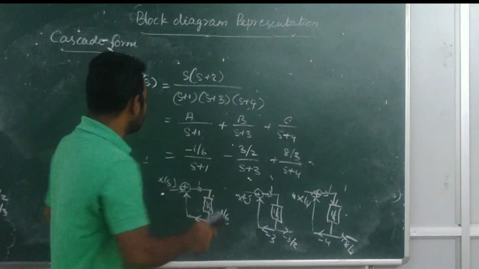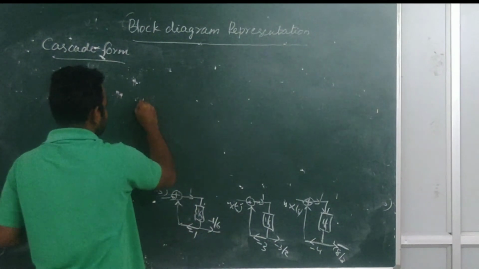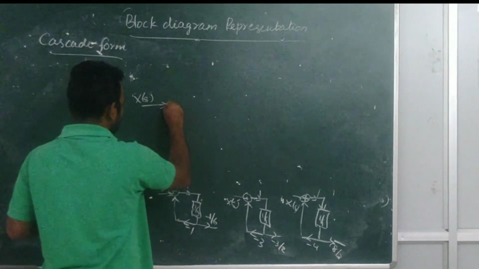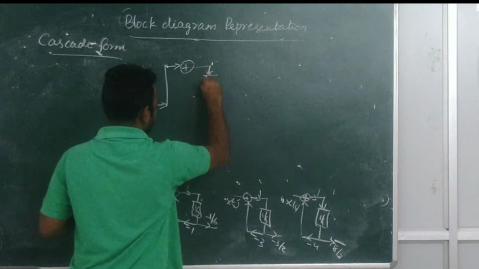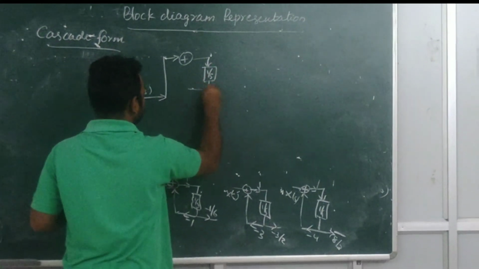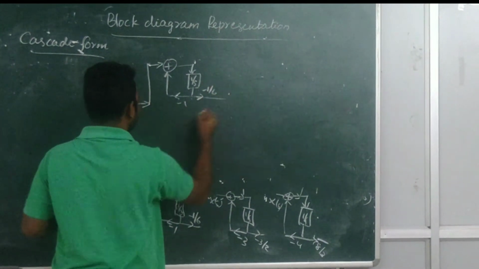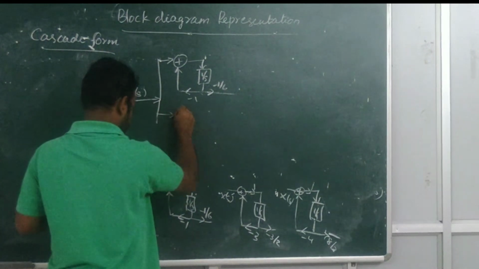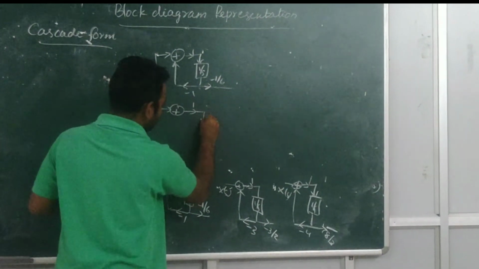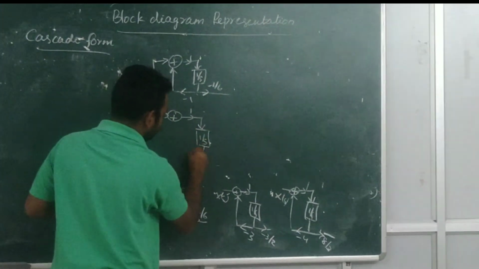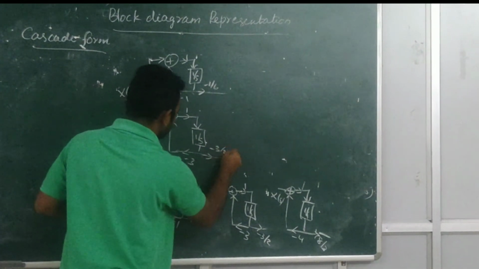Now we are combining all the three together. So the same x of s only is given to all the things. So this is our first system. Then the second one, minus 3 by 2.